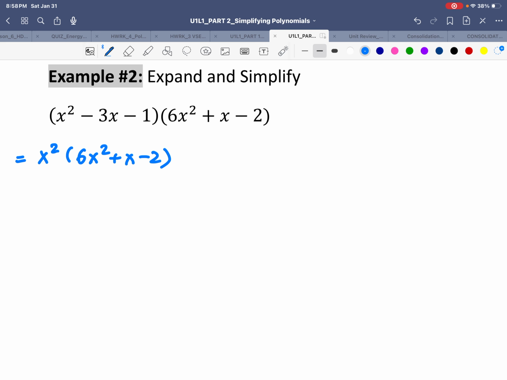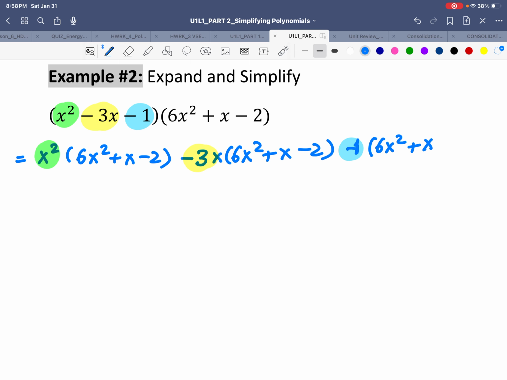Again, this is a very long way of completing this task. Then we have negative 3x, which will multiply again 6x squared plus x minus 2. And lastly, we'll have the negative 1 here, which will multiply again 6x squared plus x minus 2.